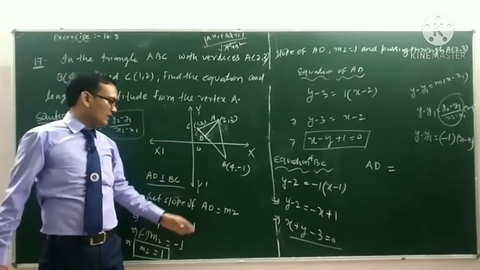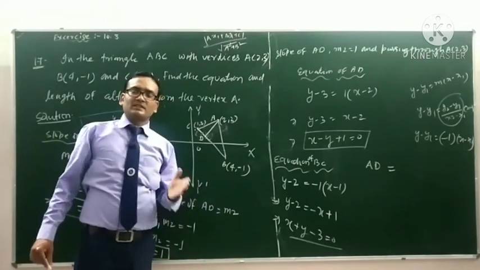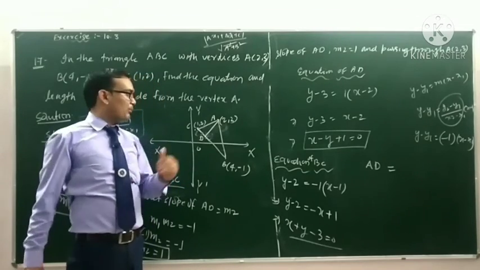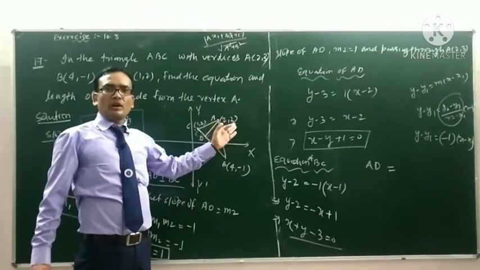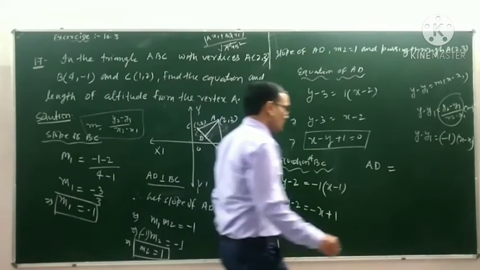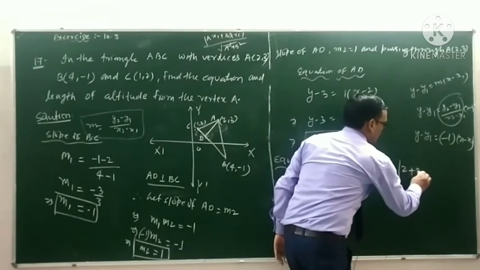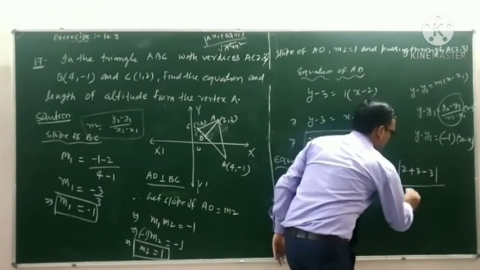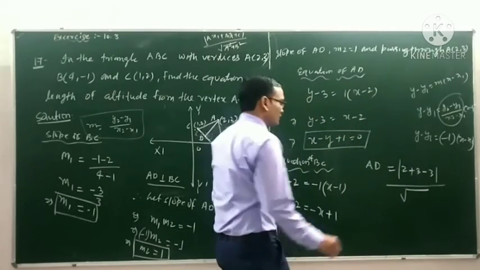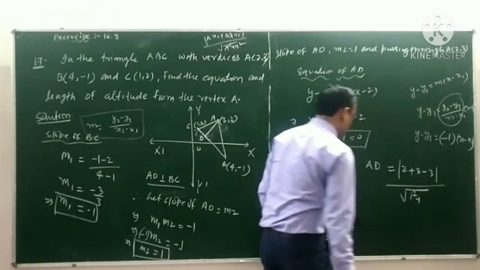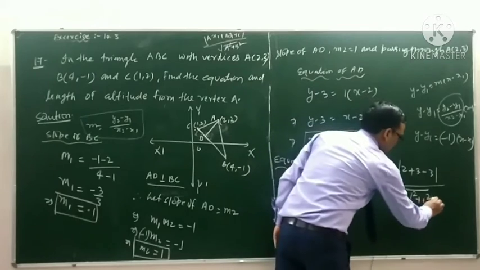Here the line is x plus y minus 3 equal to 0 and the point is 2, 3. Mod of 2 plus 3 minus 3 upon square root 1 square plus 1 square.